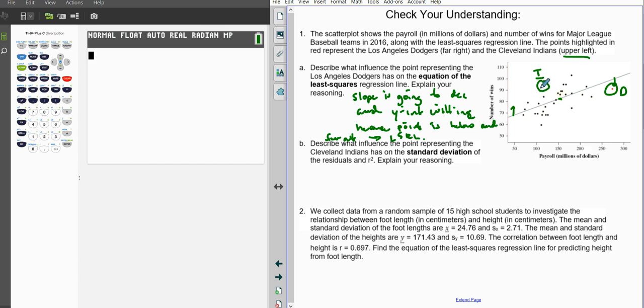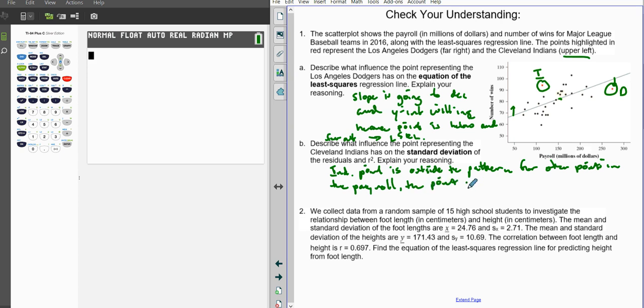Because this point is fairly outside the pattern for other points in the payroll, the Indians point will probably increase the standard deviation of the residuals.